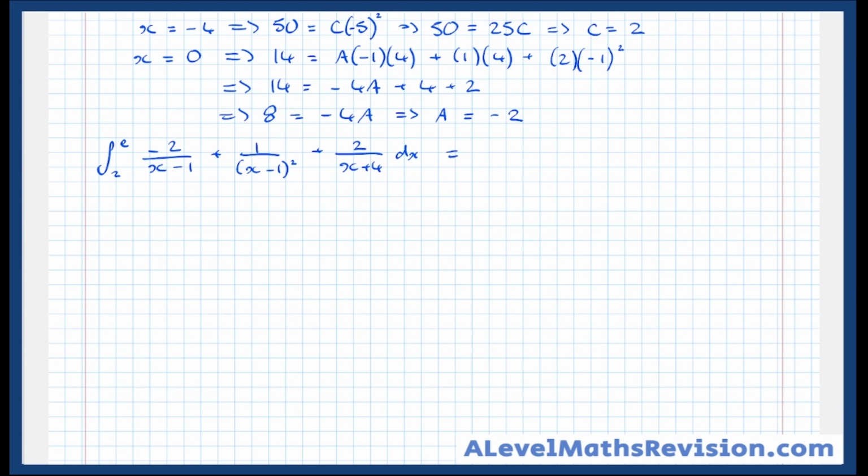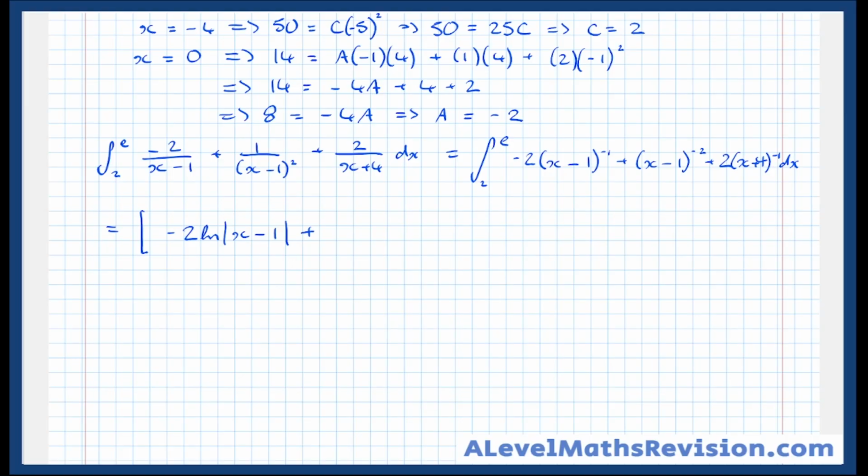So we'll write that out in a more integration-friendly format. It becomes the integral between e and 2 of minus 2 (x minus 1) to the minus 1, plus (x minus 1) to the minus 2, plus 2 (x plus 4) to the minus 1, dx. And remembering back to your standard integrals lesson that we did, that becomes minus 2 natural log of x minus 1.